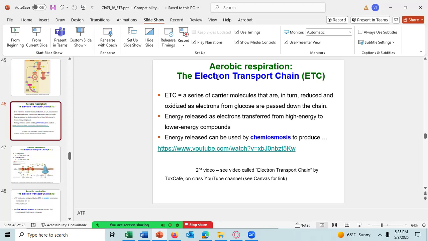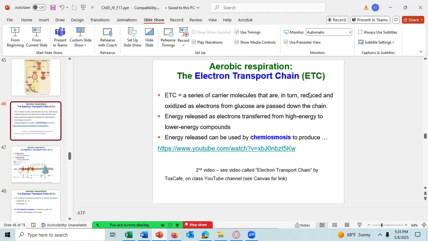But we will use the term electron transport chain. It does have other names like chemiosmosis. I don't use the other terms because they're too many and too confusing. I will always use electron transport chain.